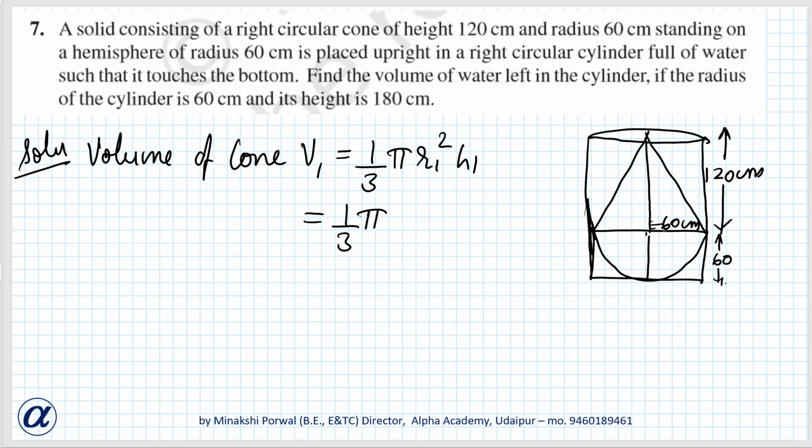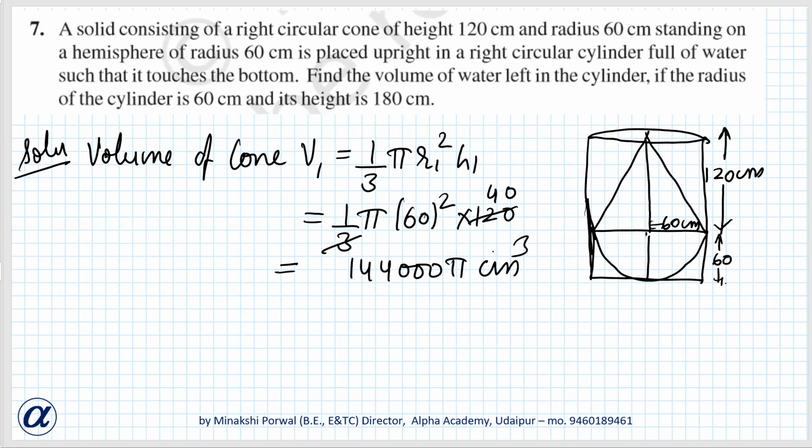Radius of cone is 60 and height of cone is 120. So 3 fours are 40. So this will be 60 square into 40, that is 60 into 60 into 40, that is 144,000 pi centimeter cube. This is the volume of the cone.